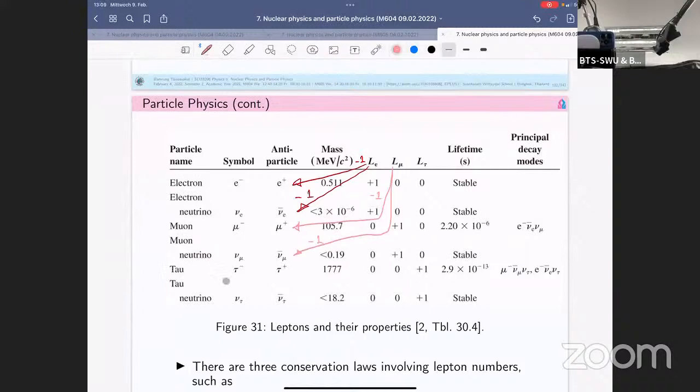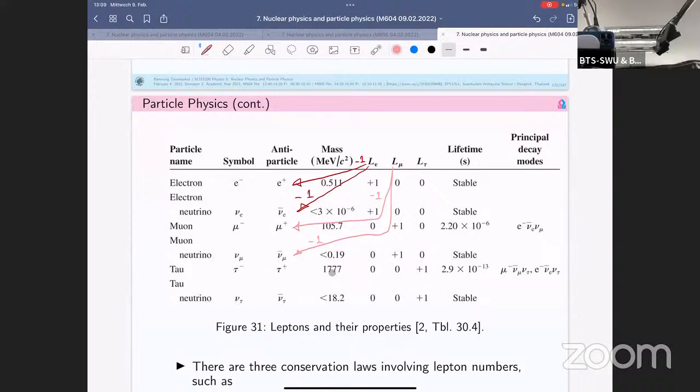The tau lepton, okay, tau lepton is usually denoted by tau with a minus at the superscript on the right hand side, and its antiparticle is known as anti-tau with tau plus here.